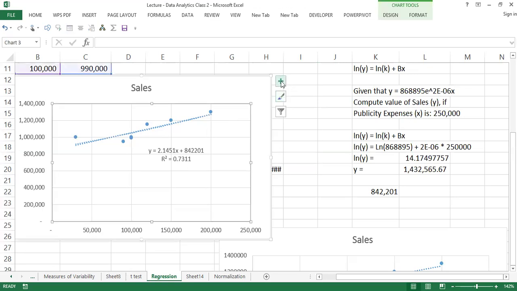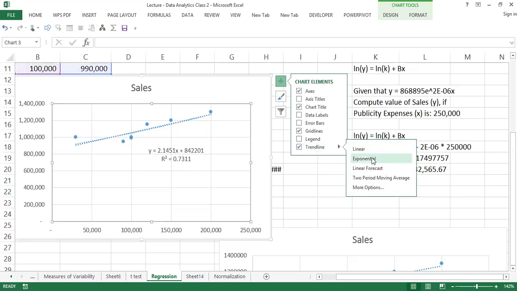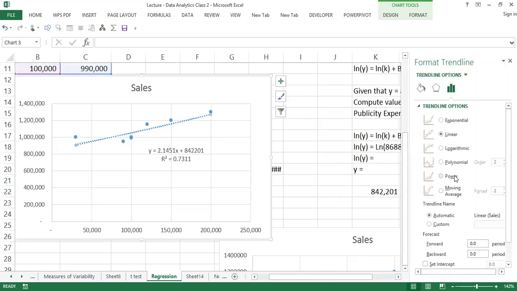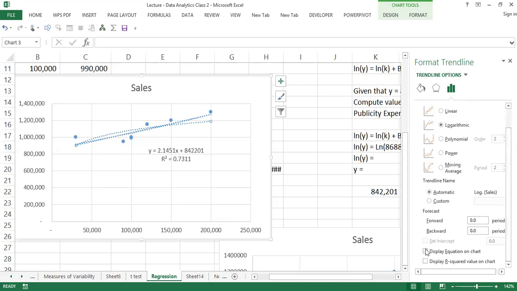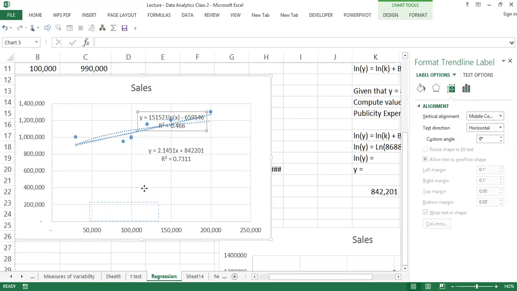In our case, I want you to also see the other one, the logarithmic. We have seen the exponential and linear. For the logarithmic, you can see it says y equals that.